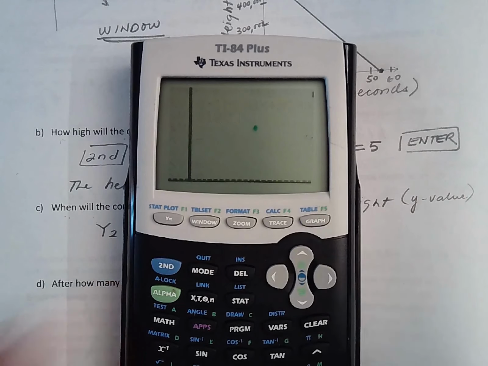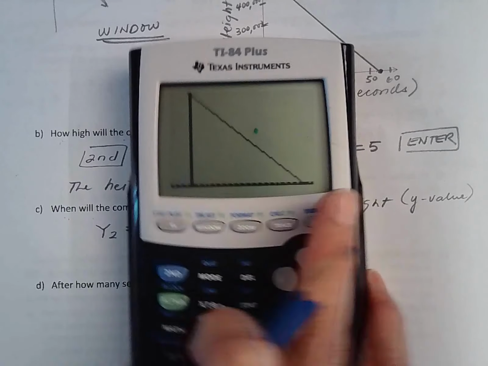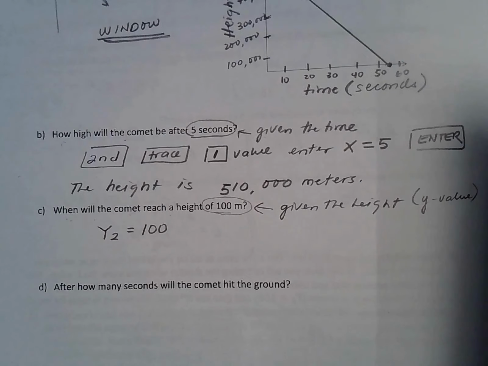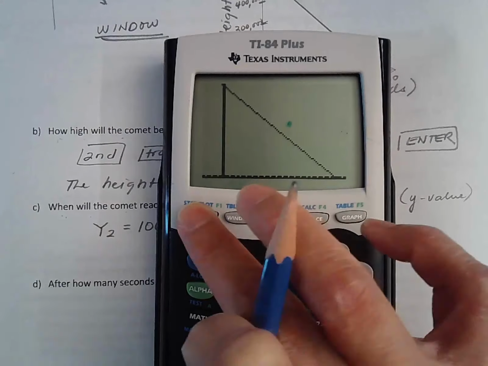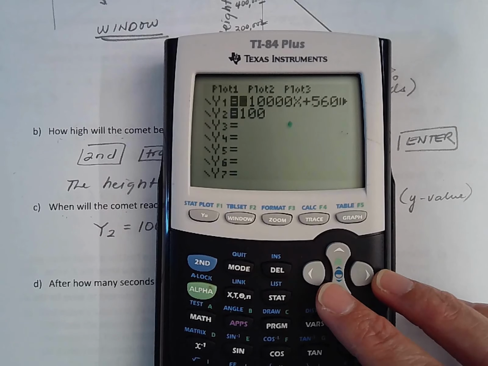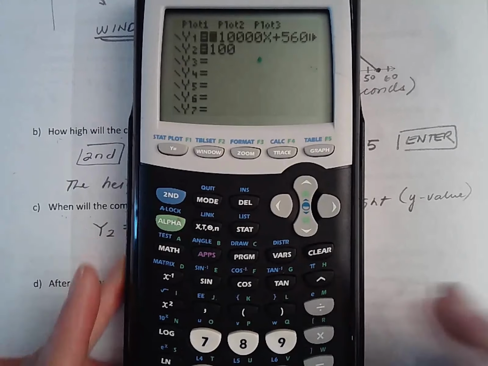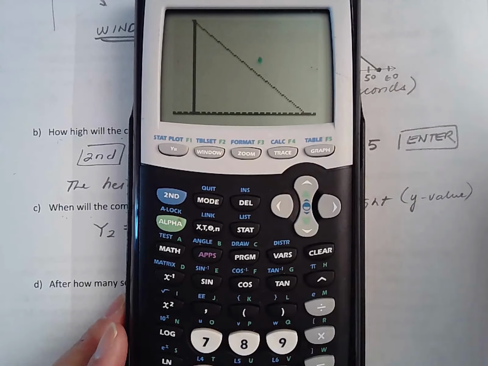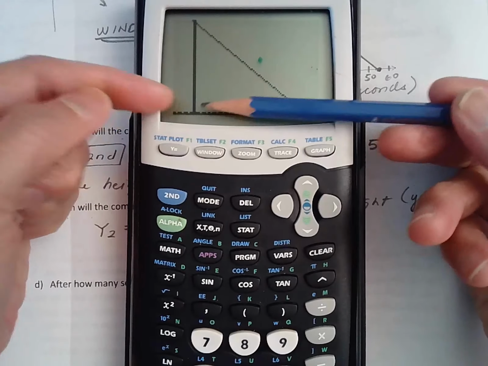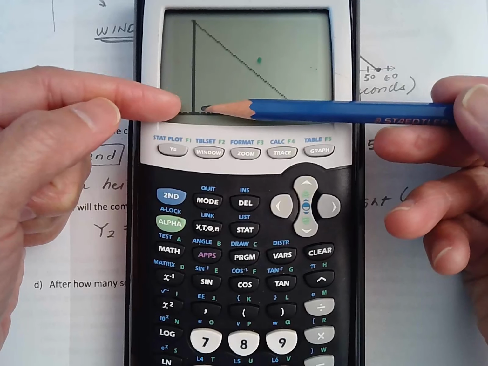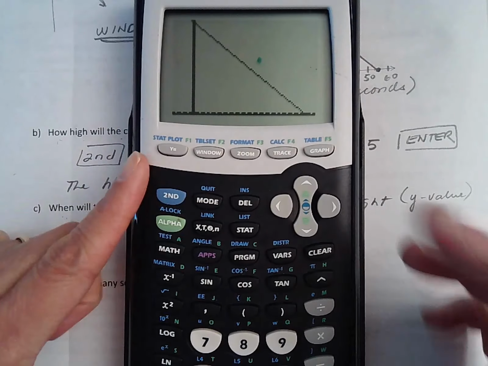And if you press graph, did I put 100? I think I know, because it's super close to that one. Okay, so y2 equals 100.